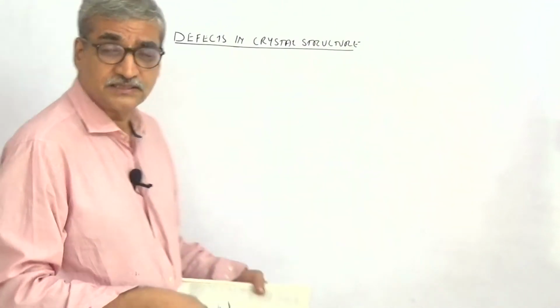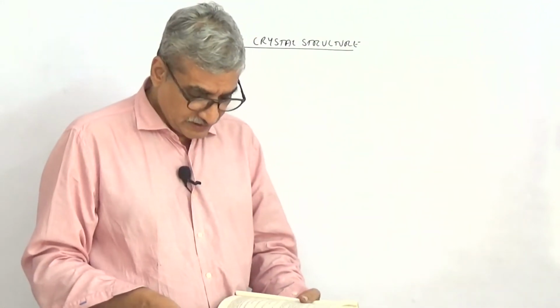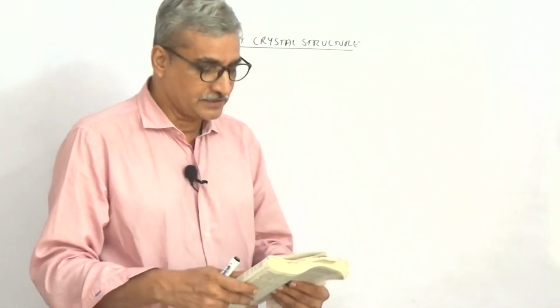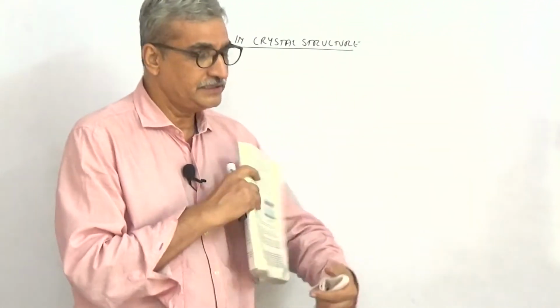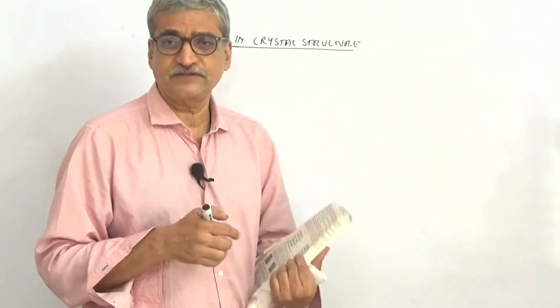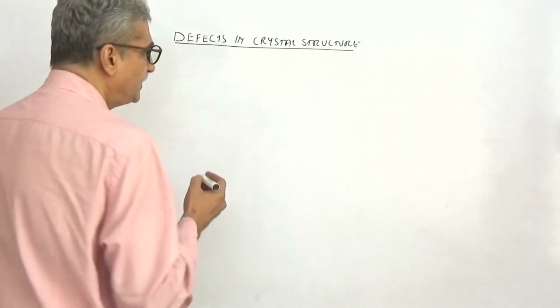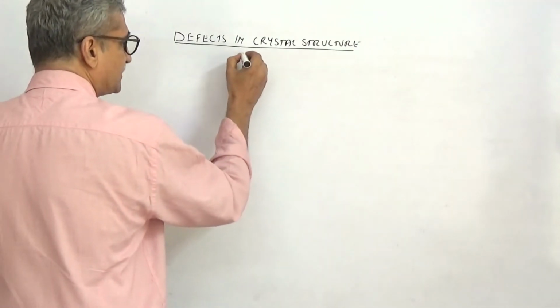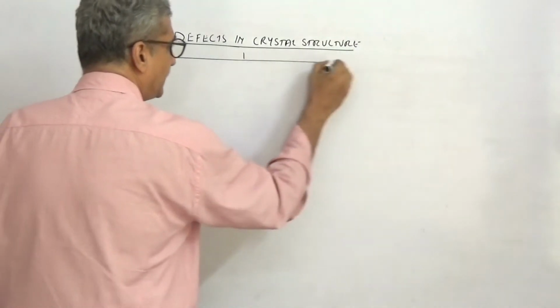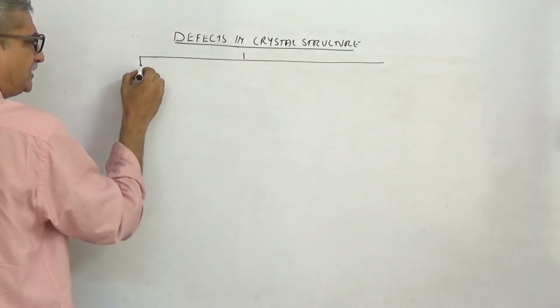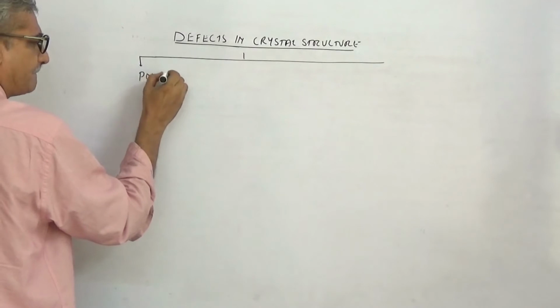Now what does the crystal defect do? The crystal defect basically alters the physical property. The crystal defects basically cause a slight change in the physical property. We'll see what the changes in property are. What are the types of defects? So when we come to the classification of types of defects, there are basically two types of defect. The first is what we call point defect, which is very, very important.